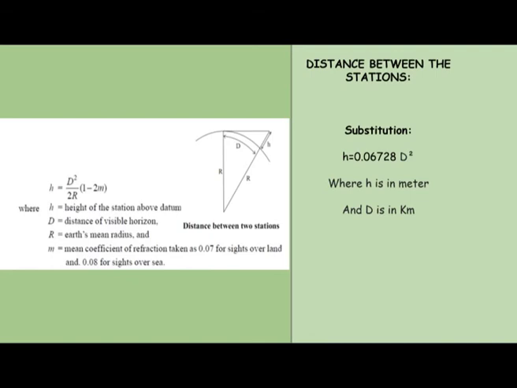What is this mean refraction in this case? It is a consideration of the curvature of the Earth. After substitution, you can see we will get h = 0.06728 d², where h is in meters and d is in kilometers.